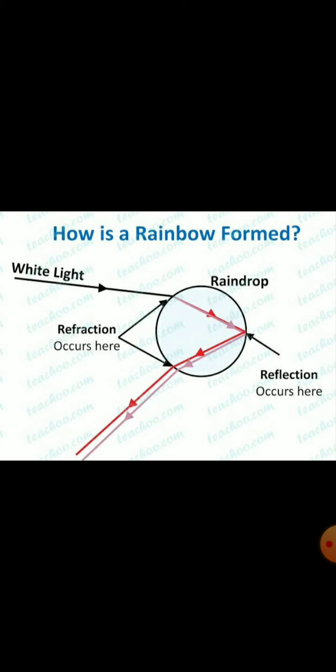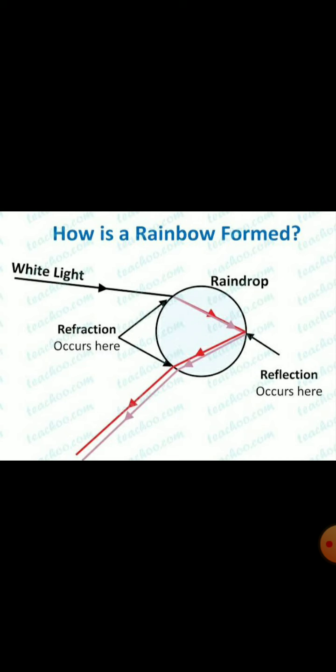When it enters, refraction takes place, which means a ray of white light will slightly bend when it passes from one medium to another. That means when a ray of light is traveling from air medium to water medium, which is a raindrop, at that time it will get refracted.